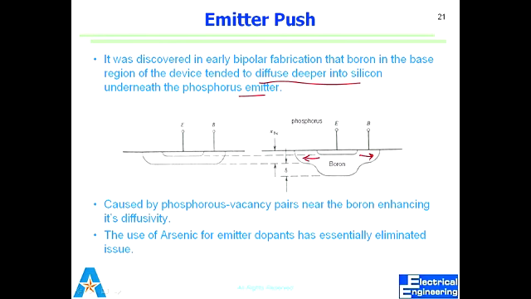It happens by phosphorus vacancy pair, so it's called emitter push. That results in a deeper part under the emitter. This issue has been taken care of by using arsenic for the emitter dopants.